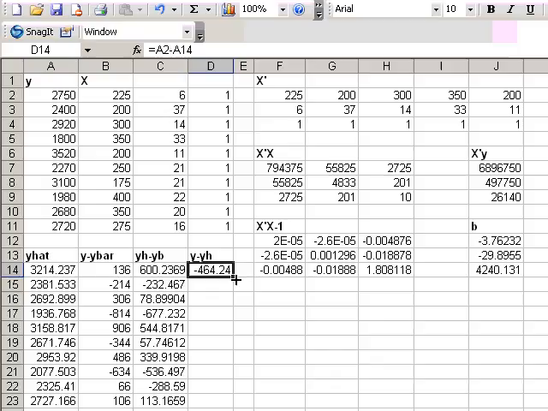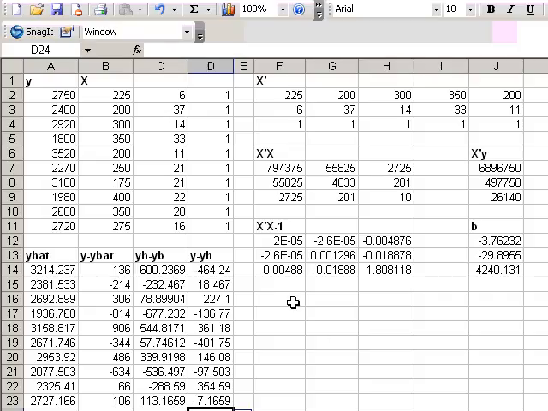And this can be copied down to each of the remaining cells. We now have y minus y bar, y hat minus y bar, and y minus y hat. These are all the values we need for the sums of squares due to regression, the sums of squares error, and the sums of squares total.